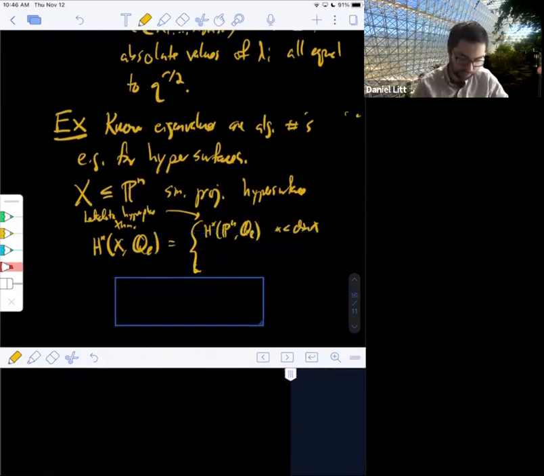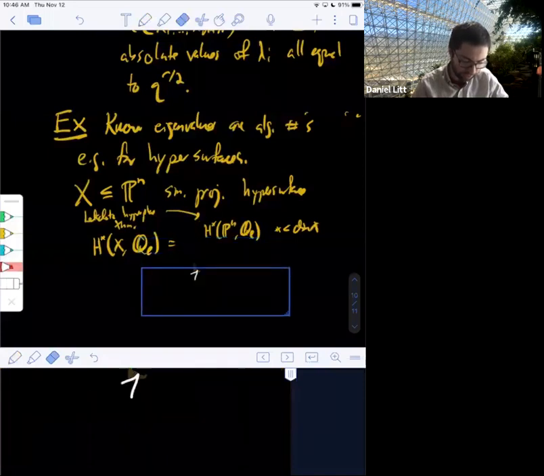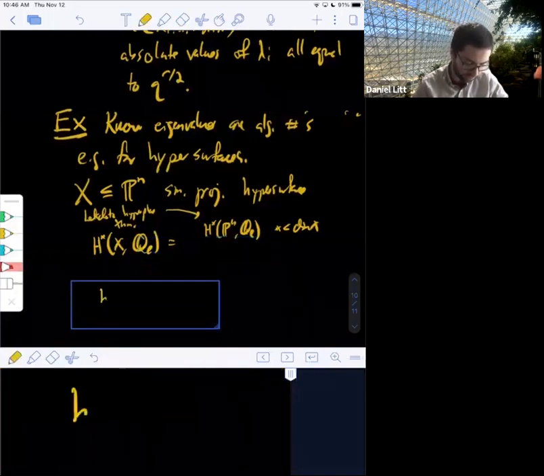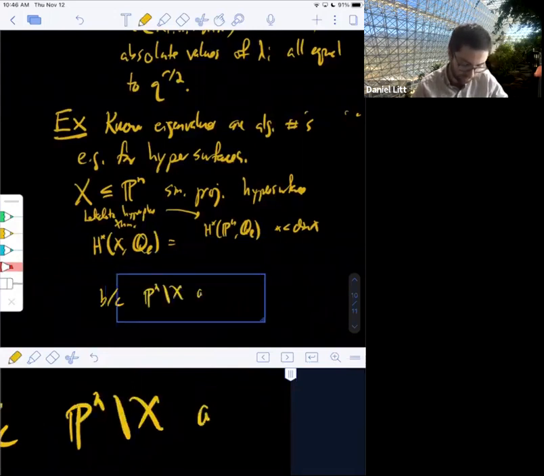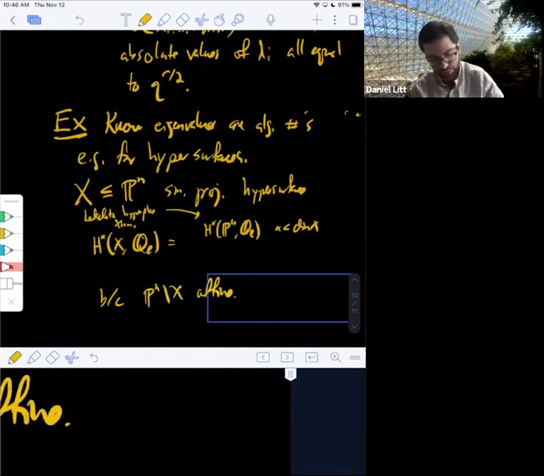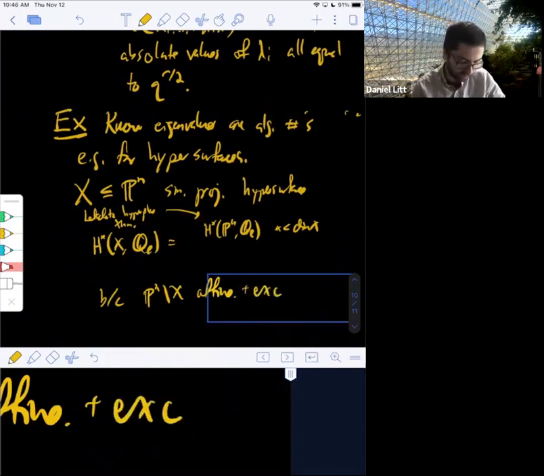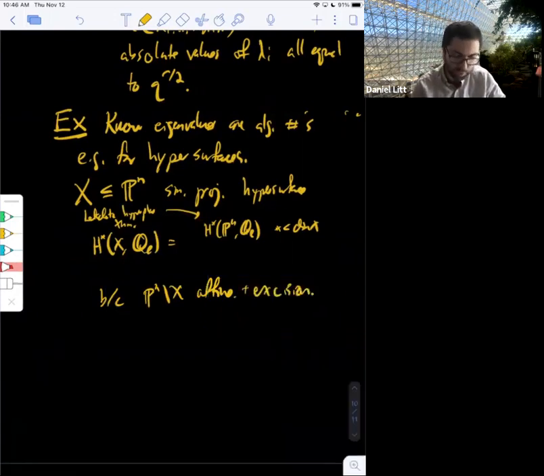So maybe I'll just erase this bracket. This is because Pn minus X is affine, plus the excision sequence. What we need to prove this is that the cohomology of affine varieties vanishes in high degree.